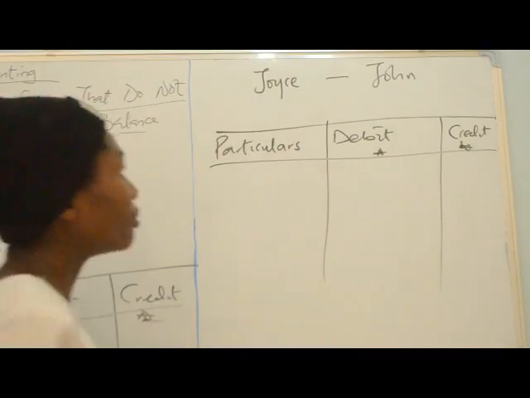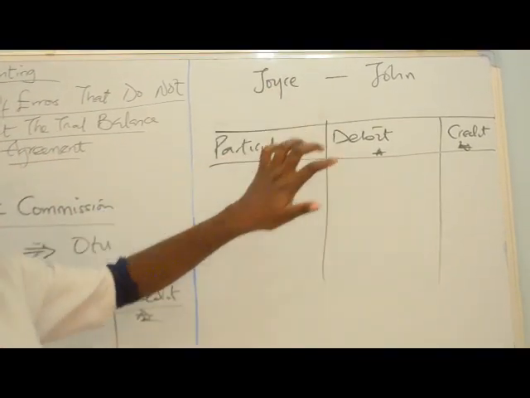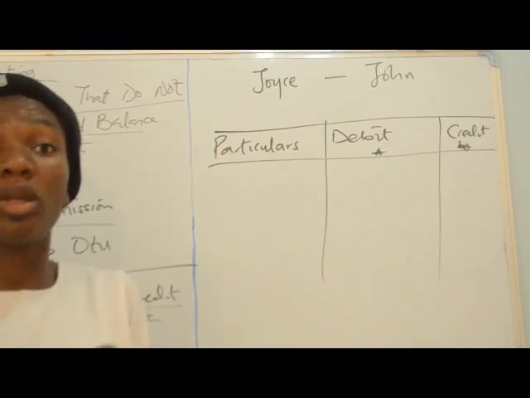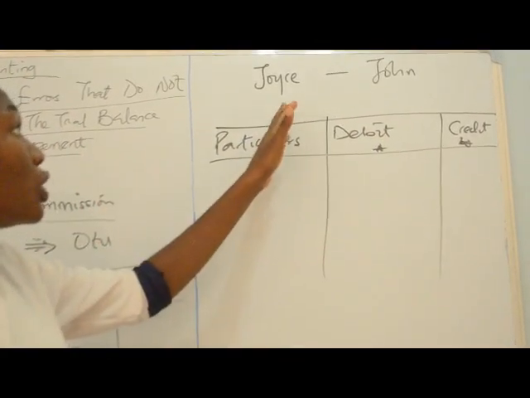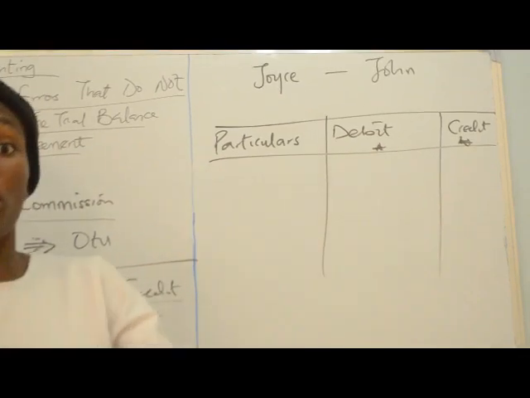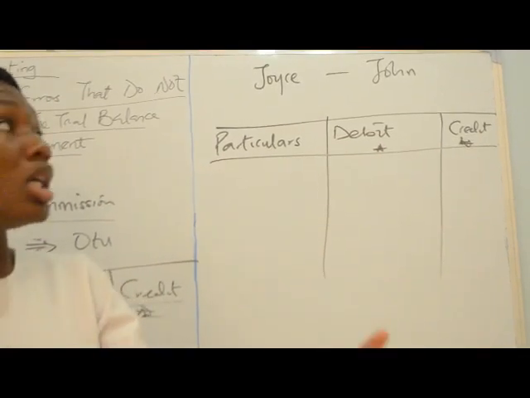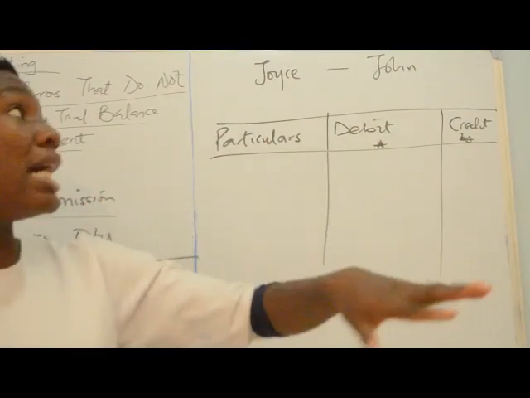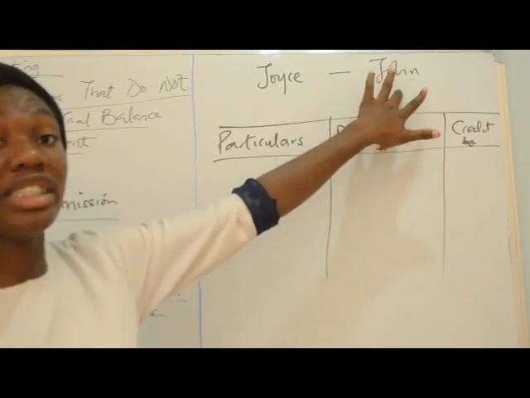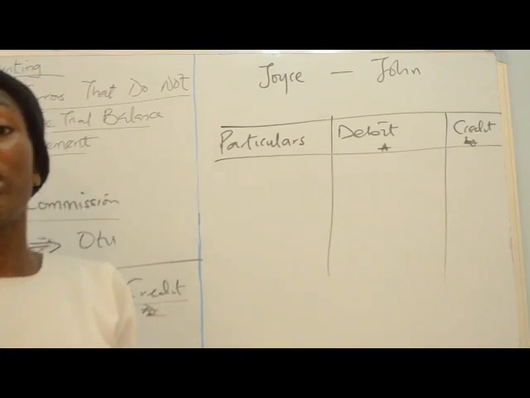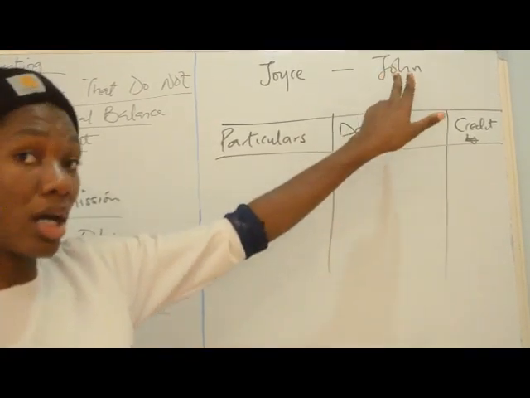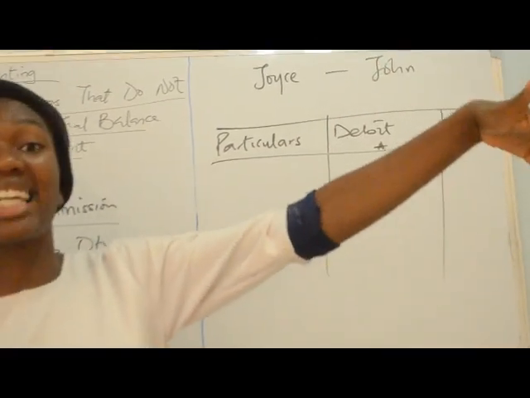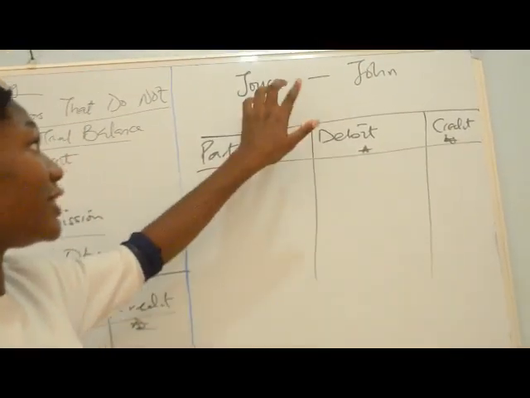Since Joyce was supposed to be the original supplier, her account naturally is supposed to be credited, since she's supplying to us, and instead we credited John's account. So in correcting this error, we'll be debiting John's account to remove the credit amount entered, and then crediting Joyce's account.